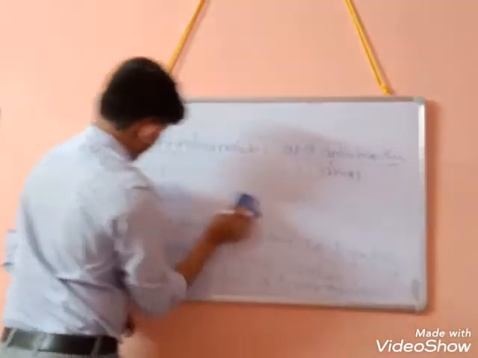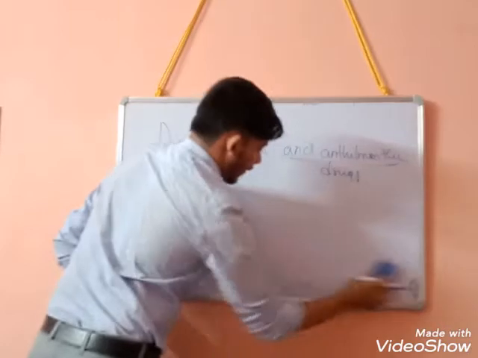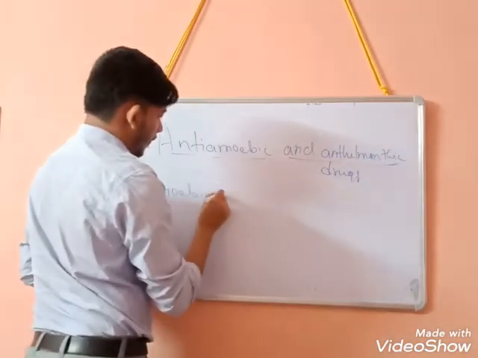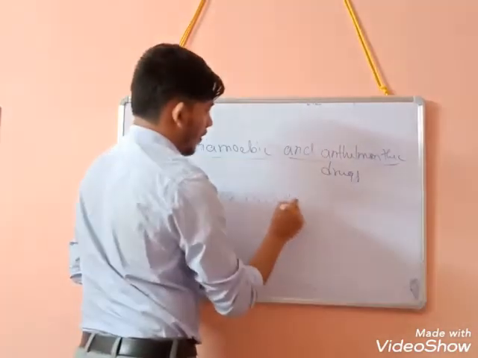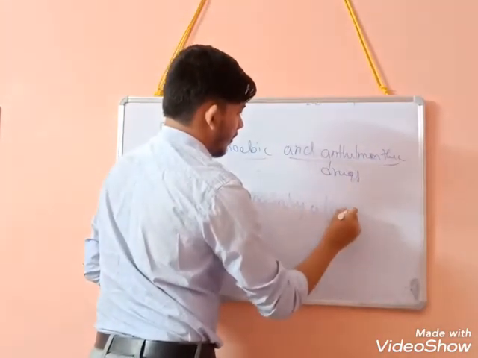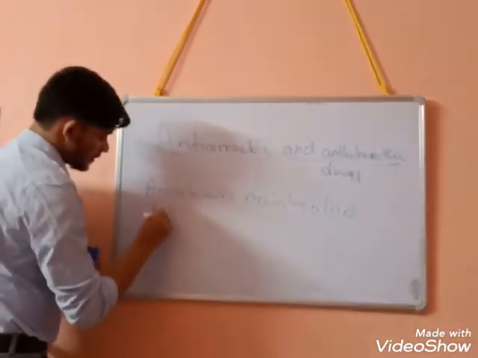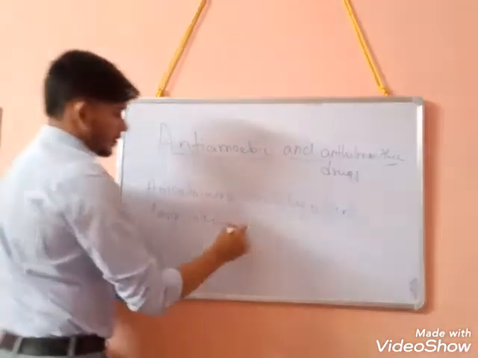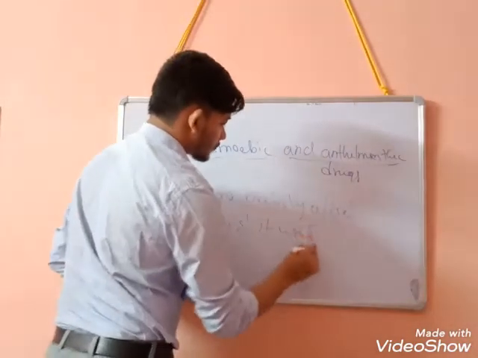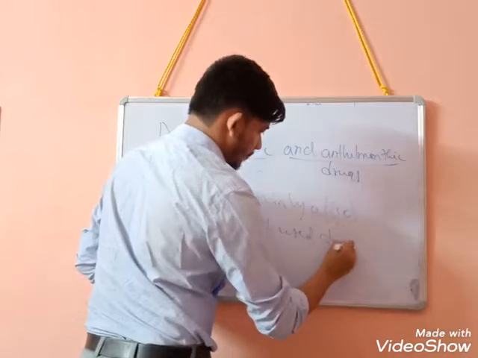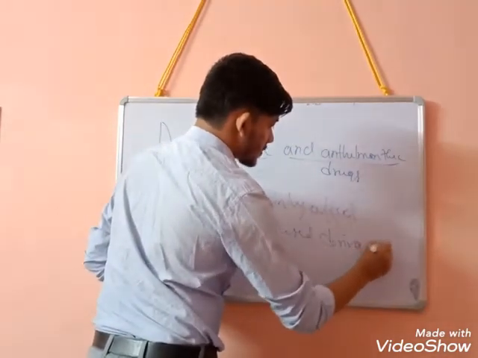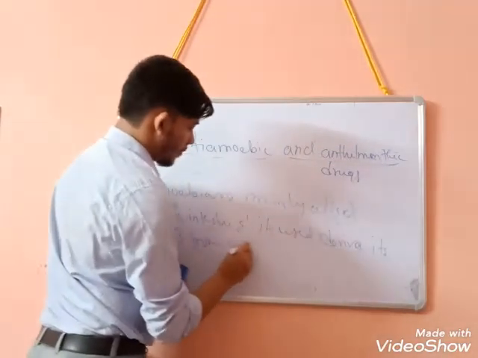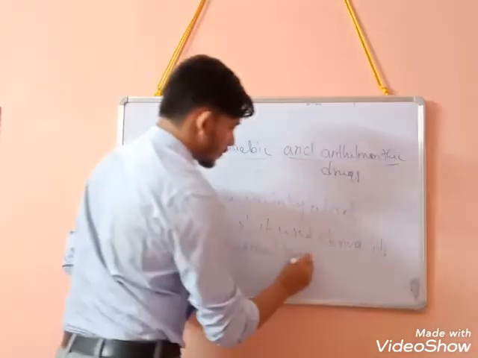And you just remember, amoebiasis mainly affects the large intestine, and it derives its food from the normal bacterial flora.